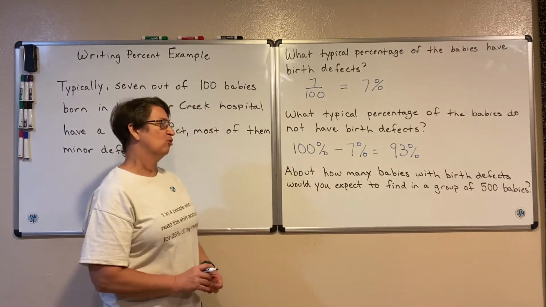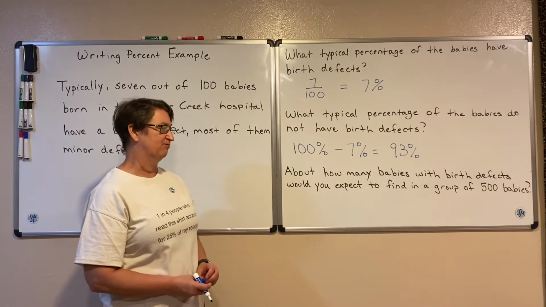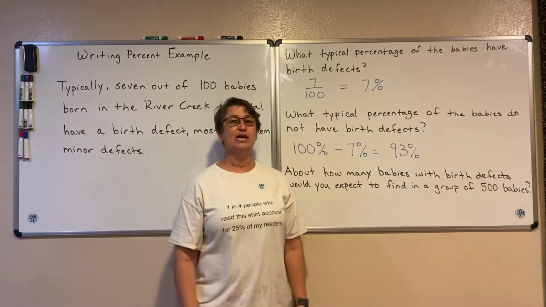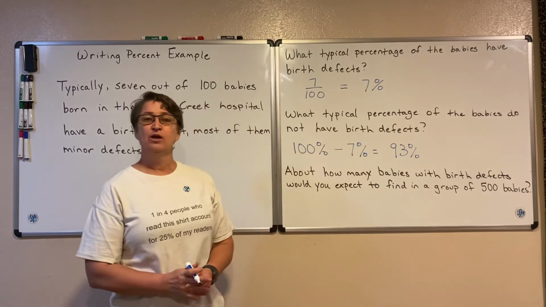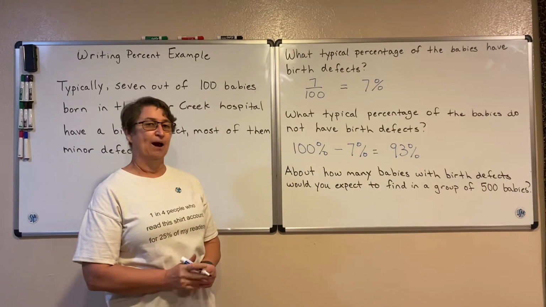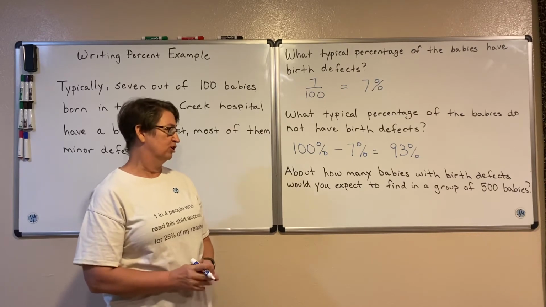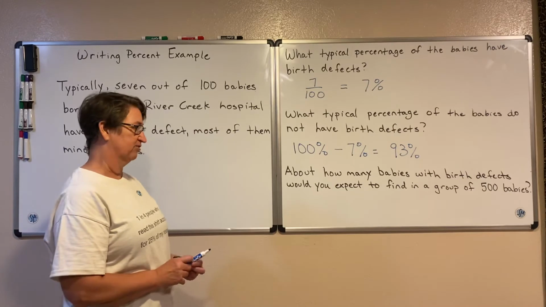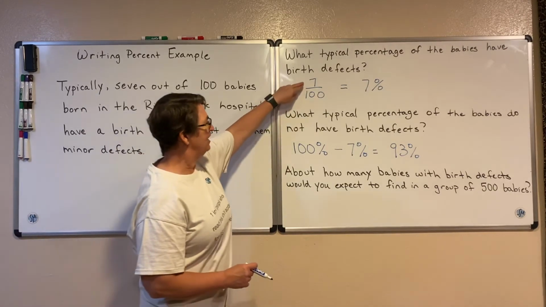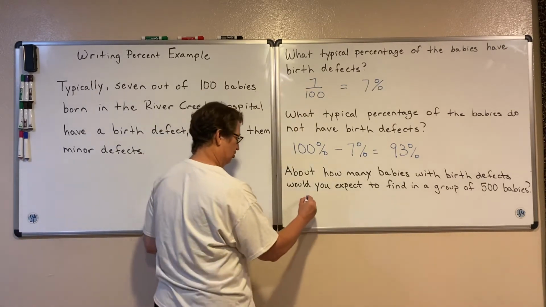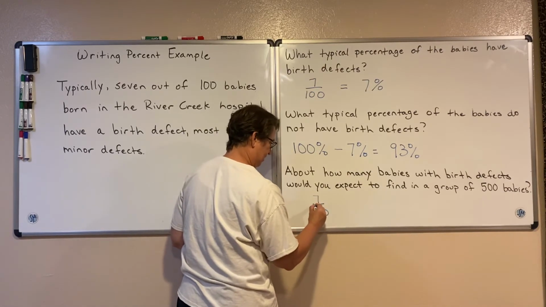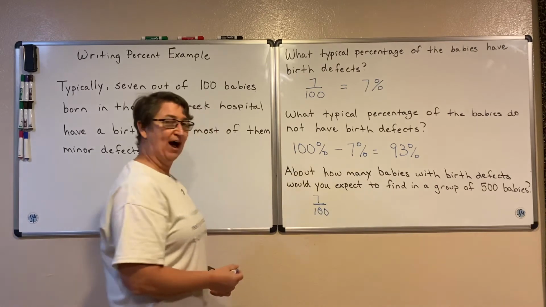About how many babies with birth defects would you expect to find in a group of 500 babies? So if we're looking at a whole city or something and we want to know if 500 babies were born, how many of those would we expect to have birth defects? Well, if it's 7 out of 100, I could take 7 out of 100 and turn that into 500.